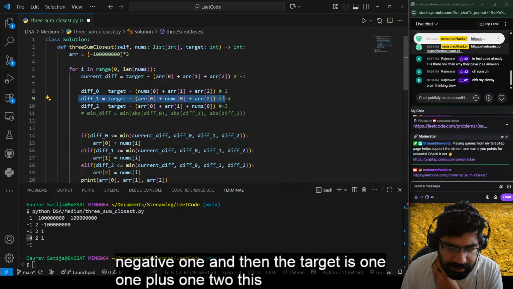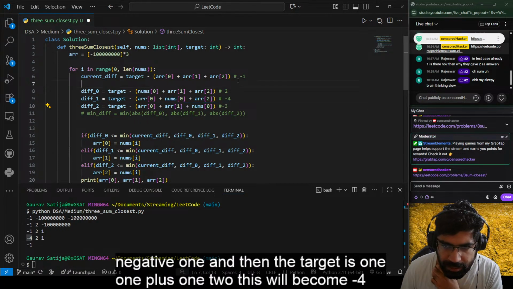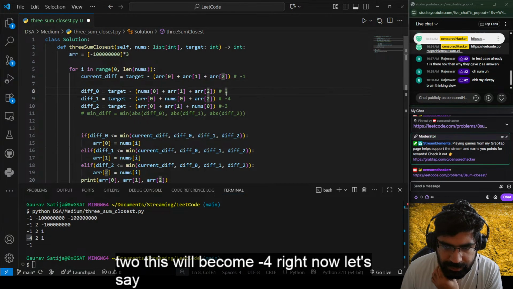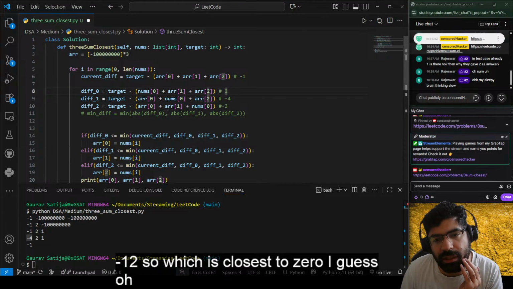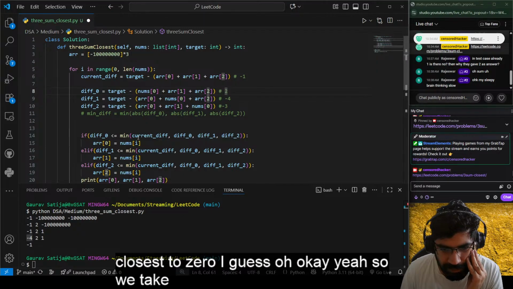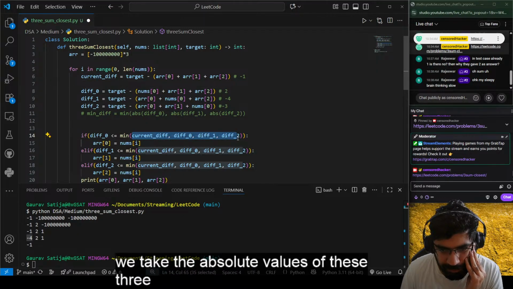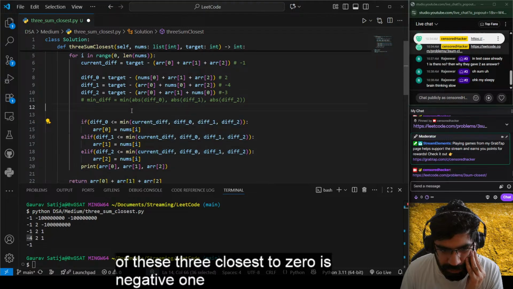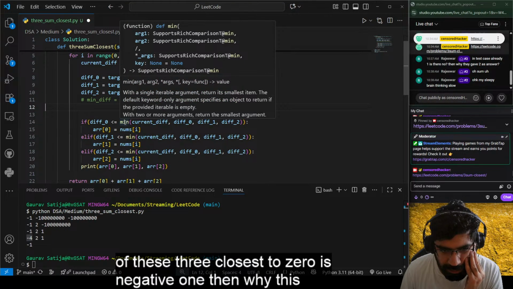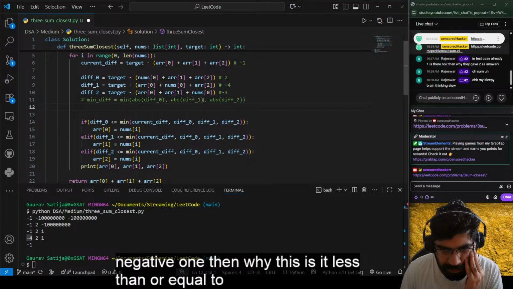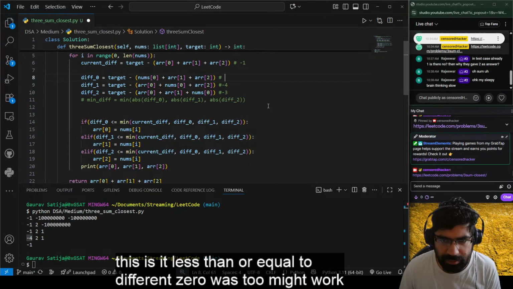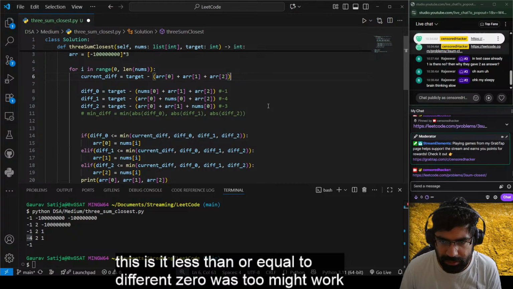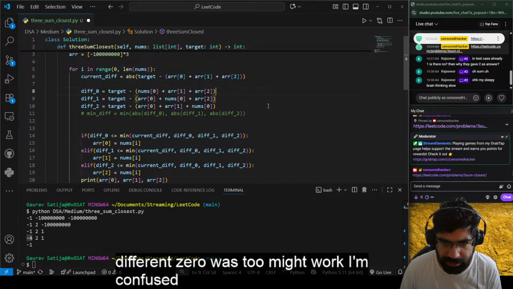This will become -4. Right now, let's say -1, 2. So which is closest to 0, I guess. Oh, okay. Yeah. So we take the absolute values of these 3. Closest to 0 is -1. Then why this? Is it less than or equal to? Difference 0 was 2. Why did it work? I'm confused. Why is it not doing its job then?